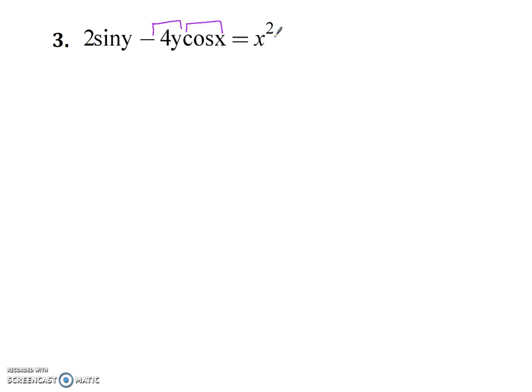So again, you're just going to go term by term. So for sine, that's just a regular derivative. So that'll just be 2 cosine of y, but I took the derivative of something with a y, so I need to multiply it by dy/dx at the end. Then for the product rule for this one, f is going to be negative 4y, so f prime is negative 4.